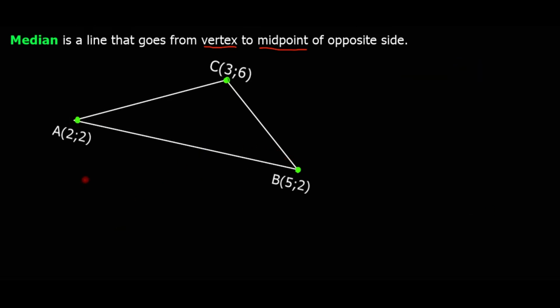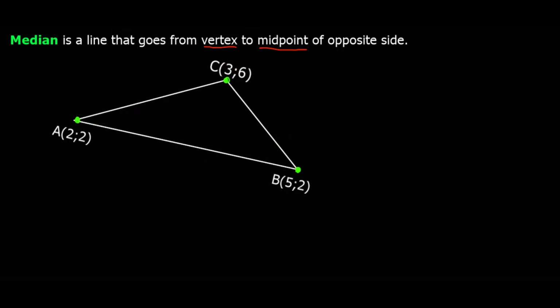And then let's say the question asks us to find the equation of median A. First we draw a straight line from point A to the opposite side. So we need to find the midpoint of BC, because this point must be the midpoint, in the middle of that line.